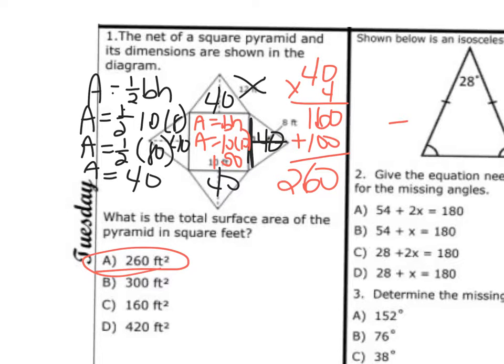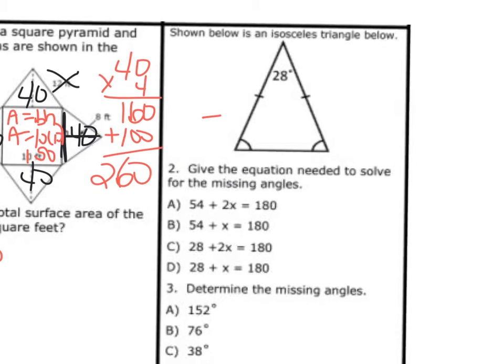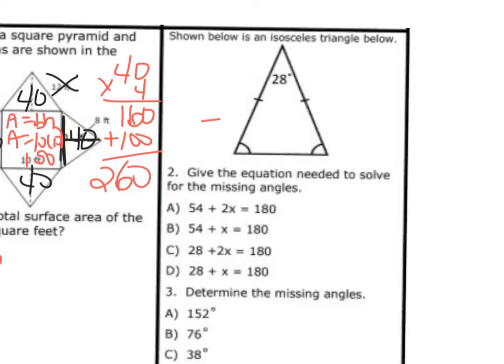Okay, so on the other side, you have the triangles we've been working with, and this triangle is asking us for the total angles. So remember, when you add up the interior angles of a triangle, it adds up to how much? 180 degrees.